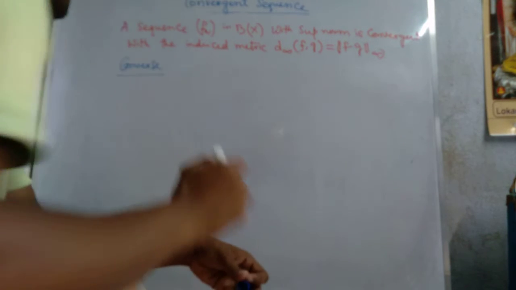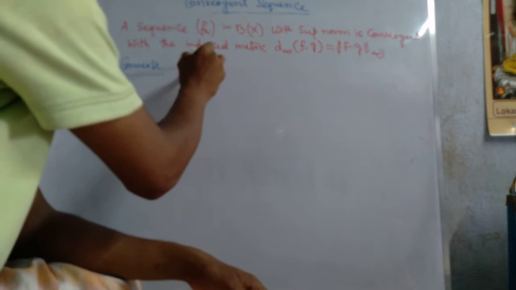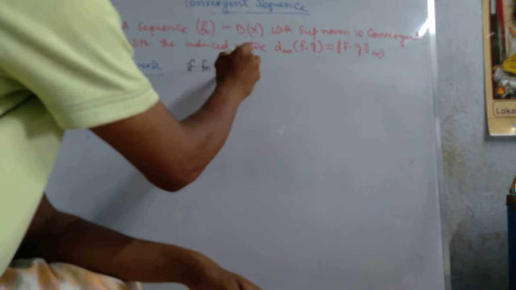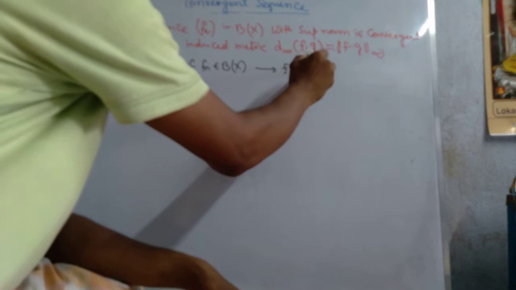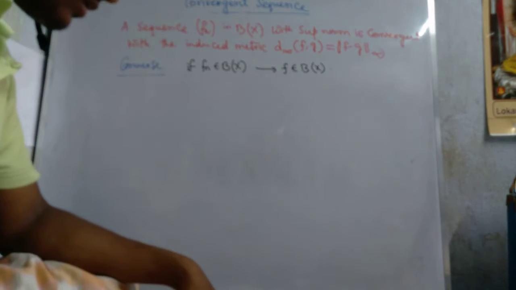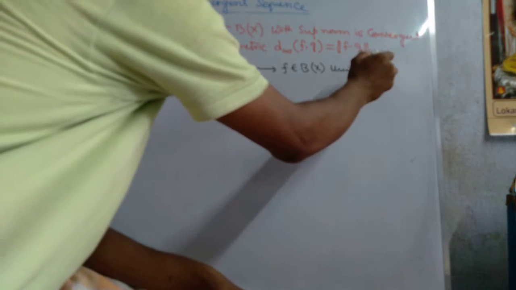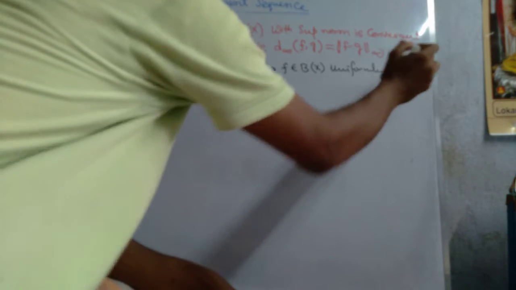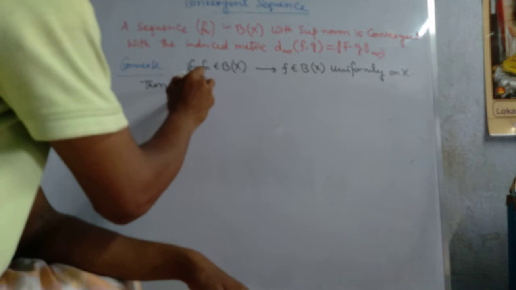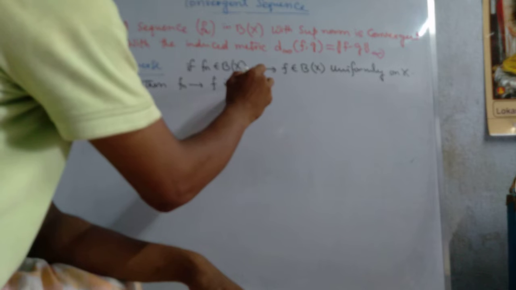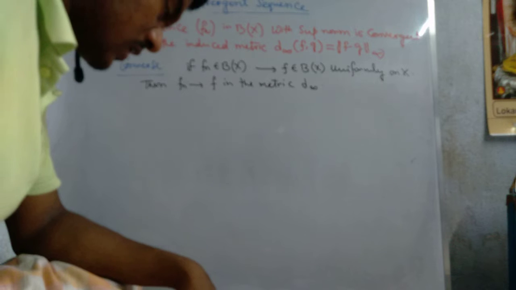How do we handle this one? If fn belongs to B(X) and converges to f belonging to B(X) uniformly on X, then fn tends to f in the metric d infinity.